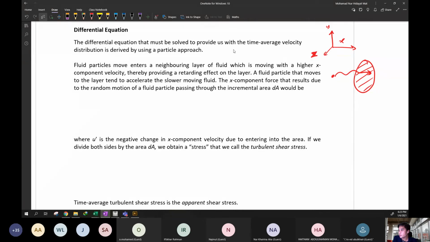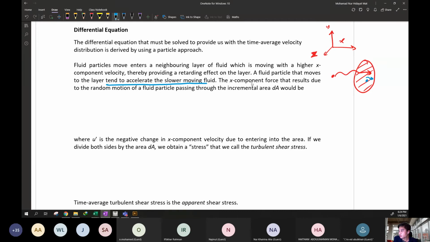The fluid particle that moves to the layer tends to accelerate the slower moving fluid. For example, we have another fluid here, still in motion, and this turbulent particle moves in this direction. It tends to accelerate the slower moving fluid.